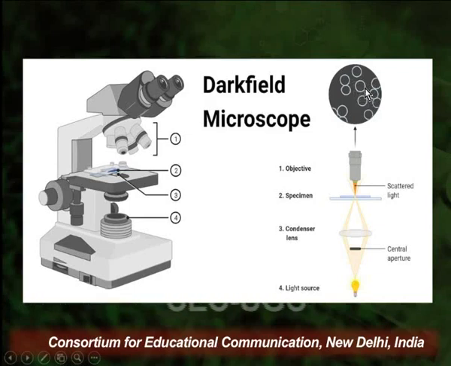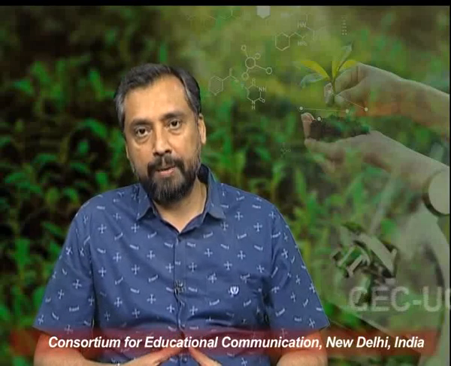Now let us try to understand the basic principle of a phase contrast microscope. For examining cells through bright field microscopy, cells are often killed, sliced into thin sections and stained.